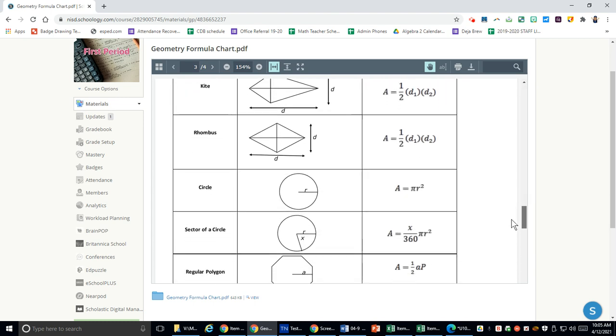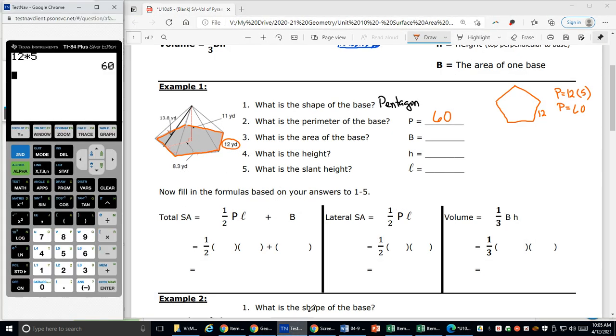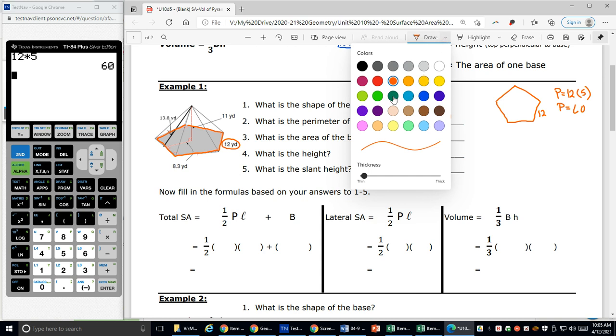Here are my area formulas. My regular polygon area equals 1/2 little a capital P, where capital P is the perimeter of the polygon, and a is that distance from the center to the side. So 1/2 AP is what I'm going to be looking at for the area of my base.